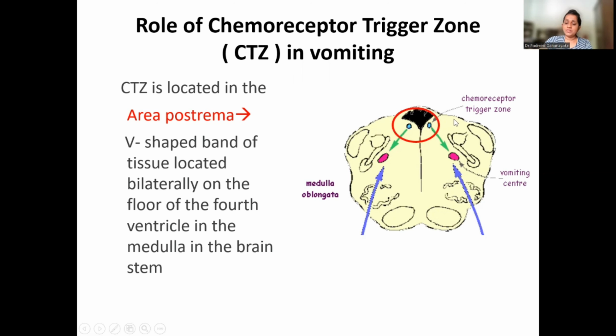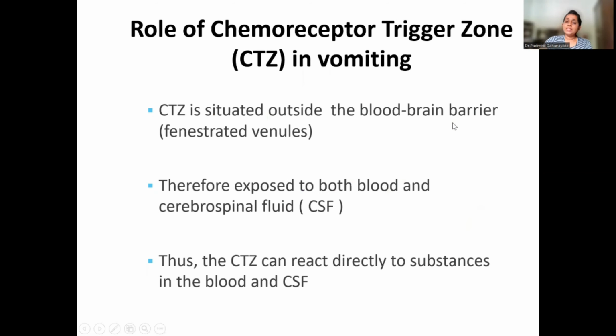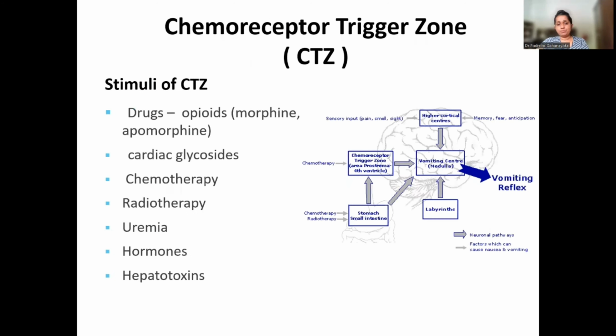I have circled it here. Then, the most important part, it is situated outside the blood-brain barrier and contains fenestrated venules. So it is exposed to both blood as well as cerebrospinal fluid. So it can react directly to substances in the blood and the CSF.